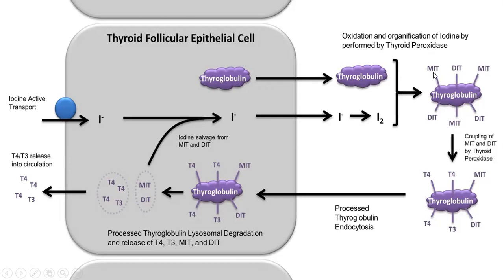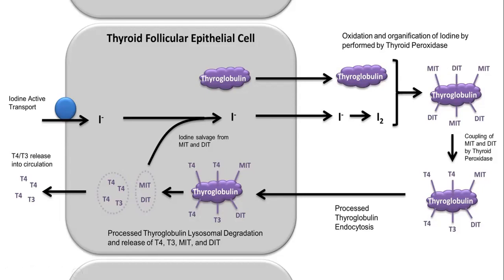Now we term it MIT, monoiodotyrosine, if it contains one iodine residue. We call it DIT, or diiodotyrosine, if it contains two iodine residues.